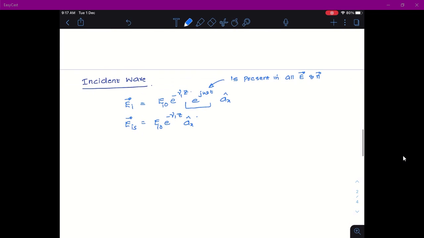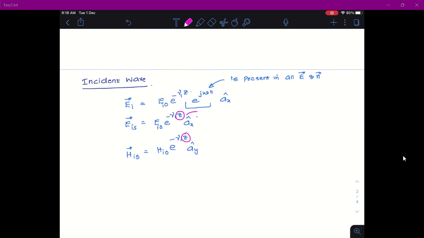Similarly, I can write HIS is equal to HI0 e raised to minus gamma 1 Z Ay cap. Why is there a Z here and why is it minus gamma 1 Z?